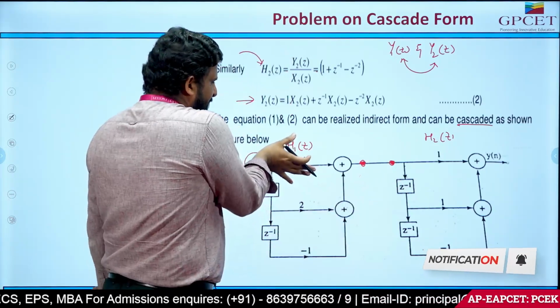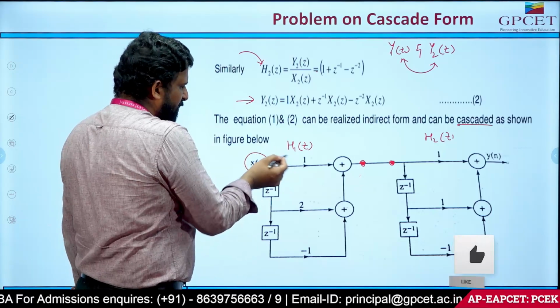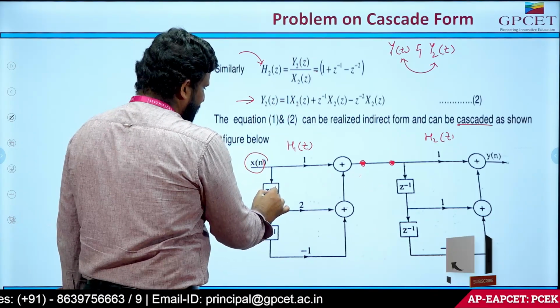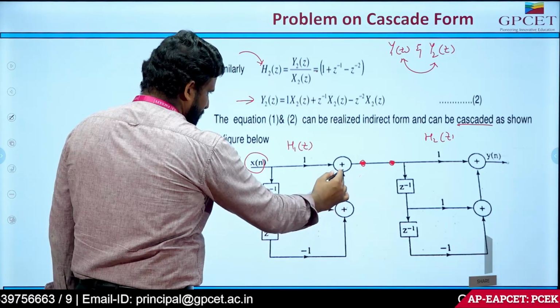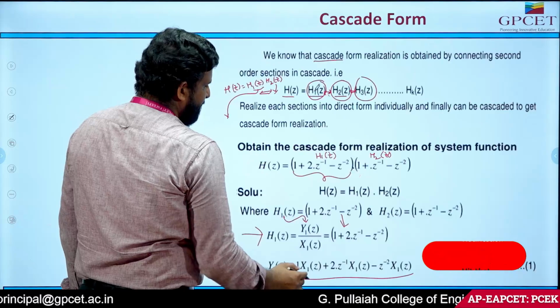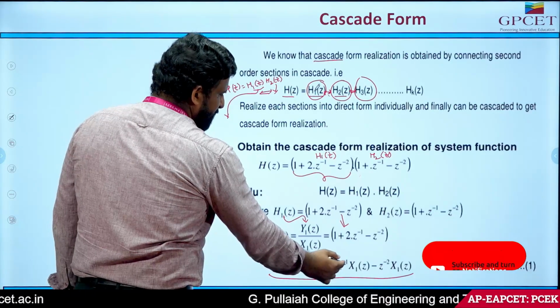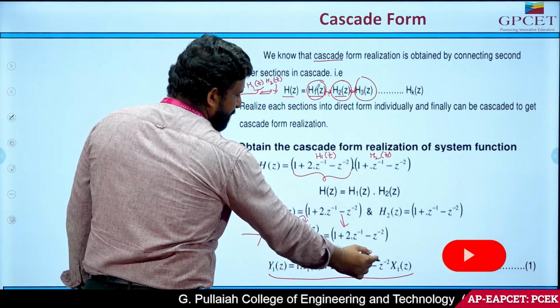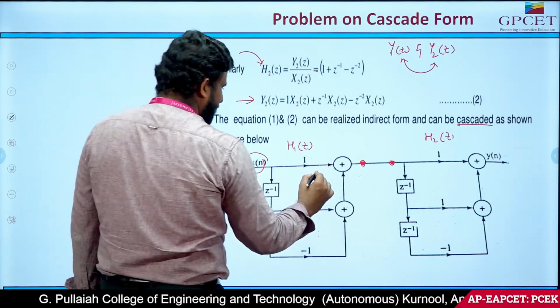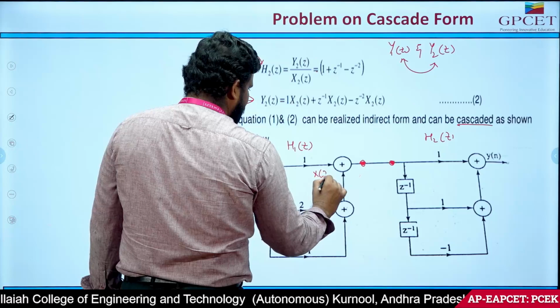Fine. So that's why first we have drawn this H1 of z. See here, x of n. What is the equation? x of n into z power minus 1 plus x of n into z power minus 2. So once you can see the X1 of z into 2 into z power minus 1, X1 of z minus z power minus 2, X1 of z. So the first term I am going to get here is X of z.